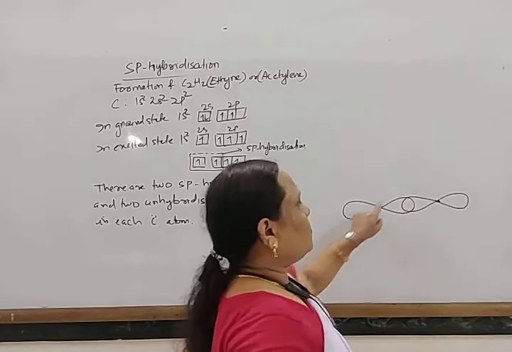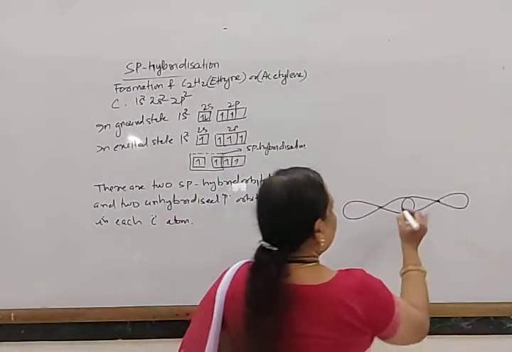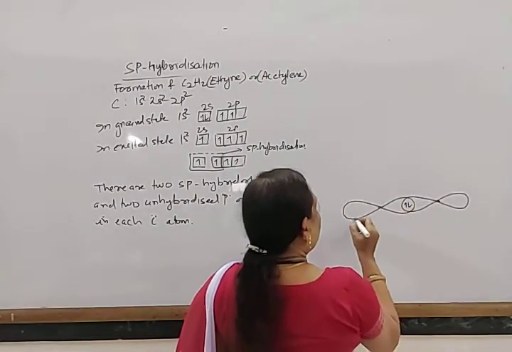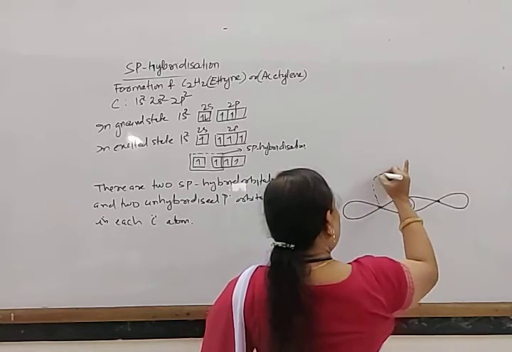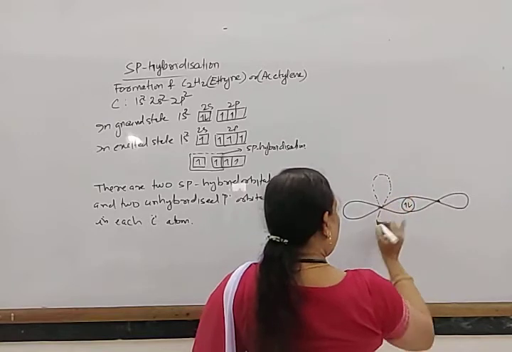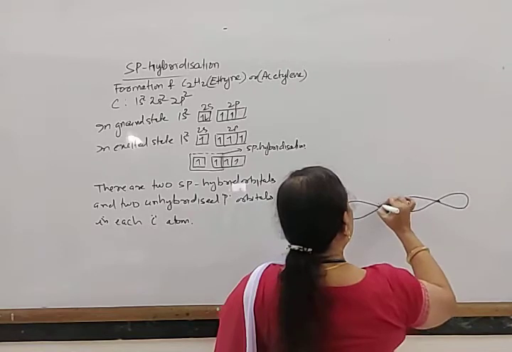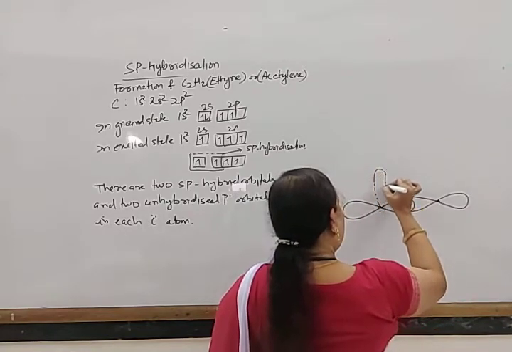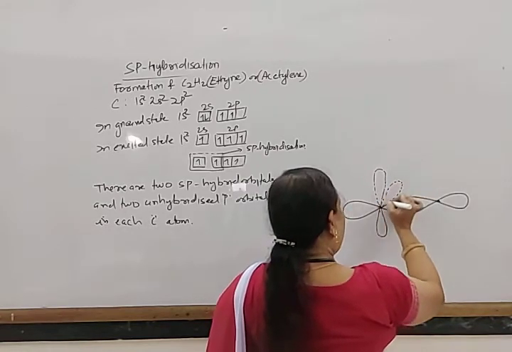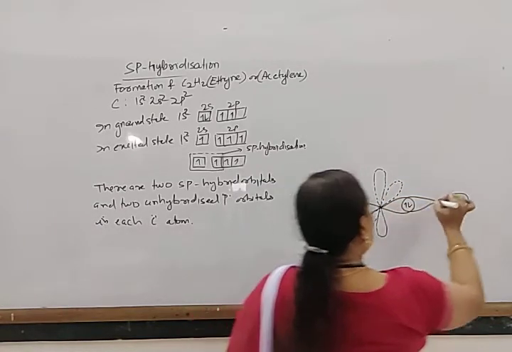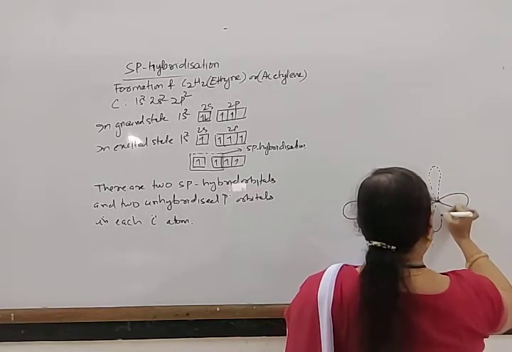And there are also 2 unhybridized p orbitals. There is one unhybridized p orbital in the dotted line. I have just given the unhybridized p orbital of one carbon atom here. So in each case, there are 2 unhybridized p orbitals.